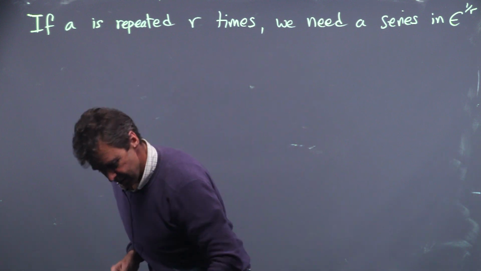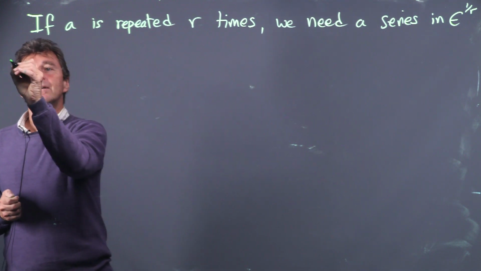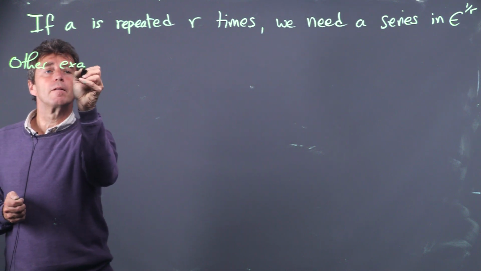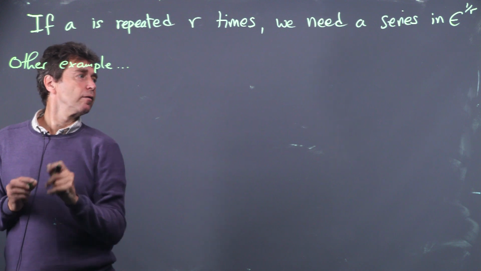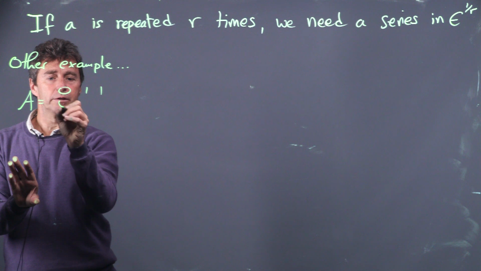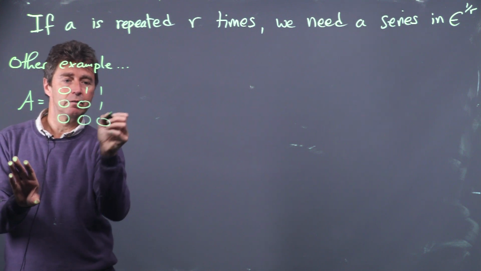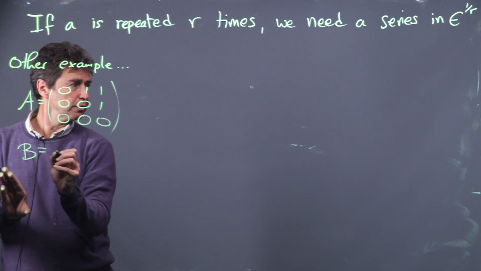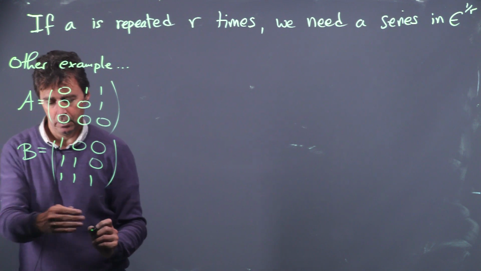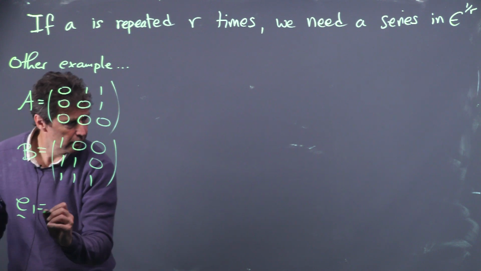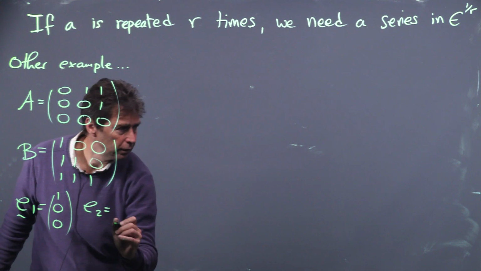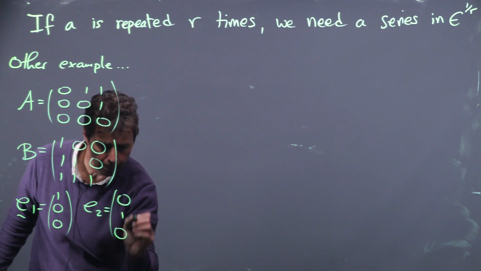Okay, so this other example. We will do A is equal to 0, 1, 0, 0, 0, 1, 0, 0, 0. B, let's put as 1, 0, 0, 1, 1, 0, 1, 1, 1. We've got E1 is equal to 1, 0, 0. E2 is equal to 0, 1, 0.